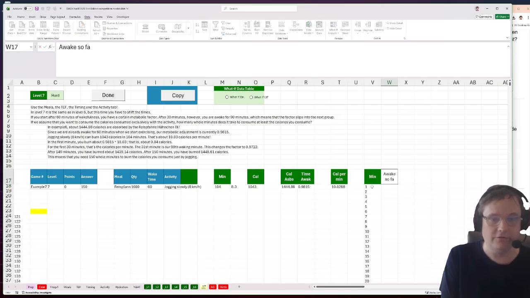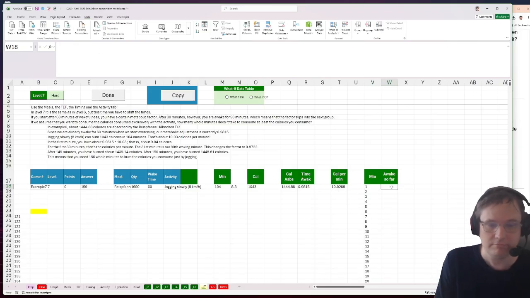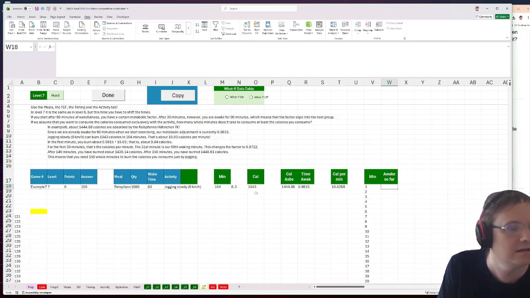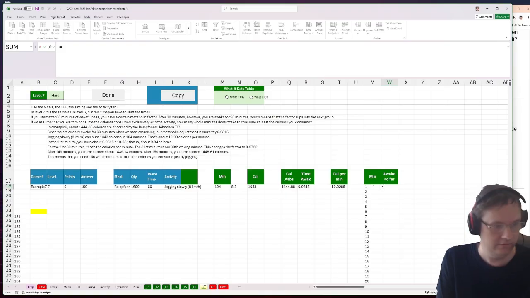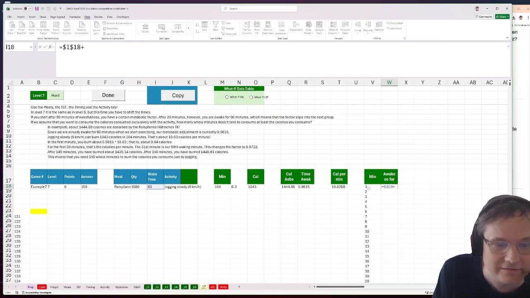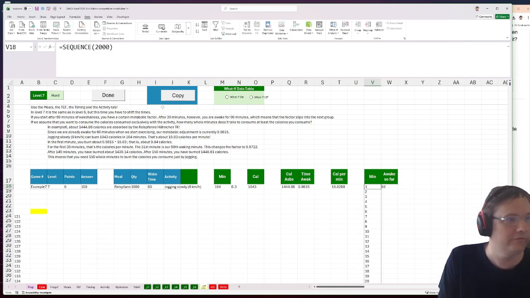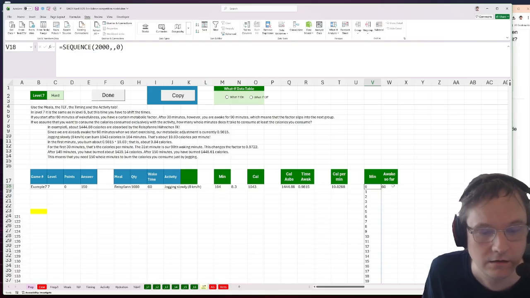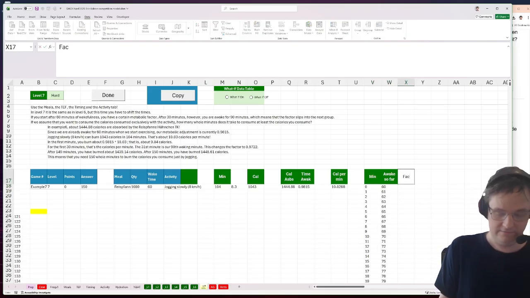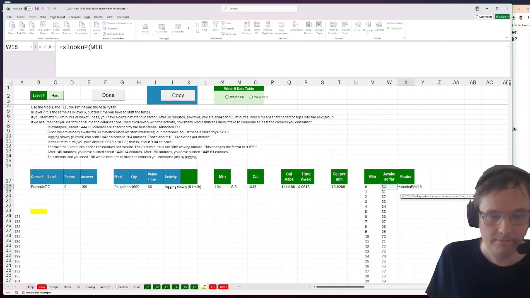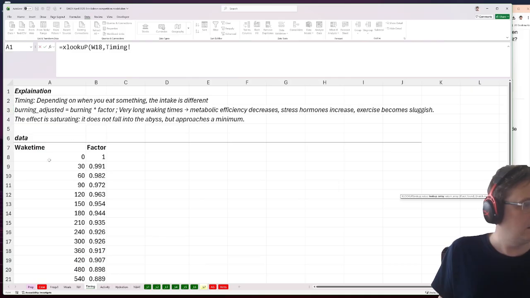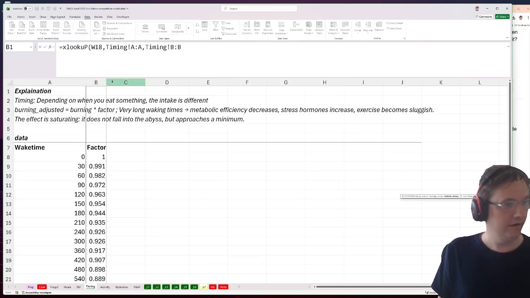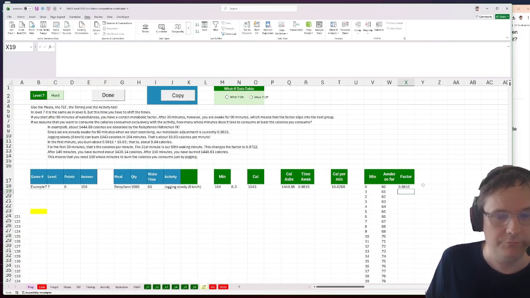And awake so far equals this plus this, right? And we'll start at 0. And this is factor on here, returning here with the -1 type.